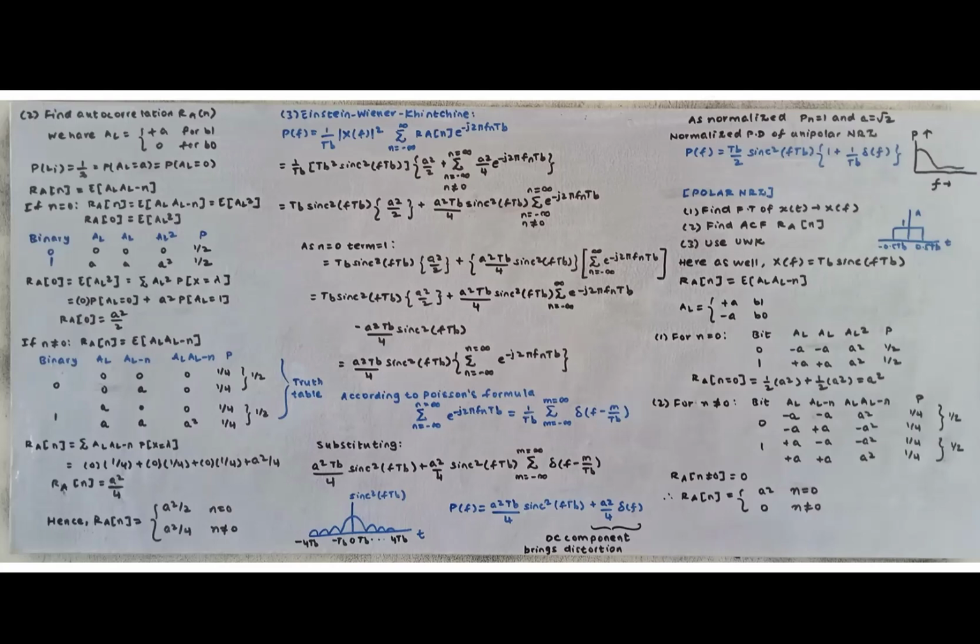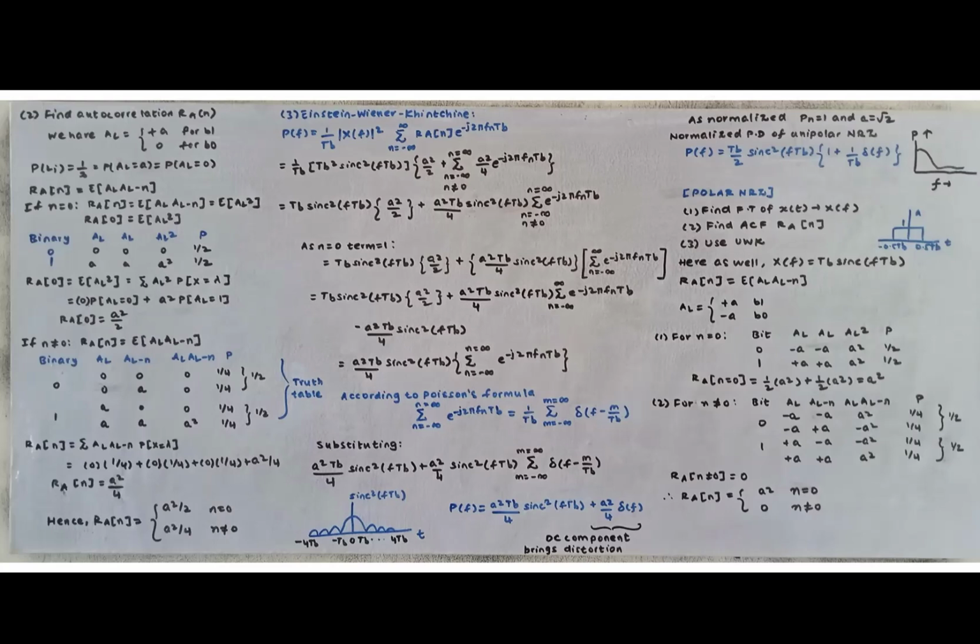So first for n equals 0, R_A(n) becomes E of A_l squared because A_(l-n) is A_l. So R_A(0) is E of A_l squared. Here's where you draw this table and you put 0 and 1. And this is essentially like a truth table of sorts. So 0, A, what does your A_l squared value become? 0, A squared. So the probability of your bits being that way is half, half, obviously.